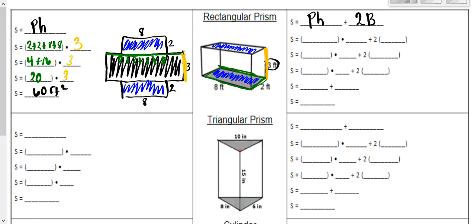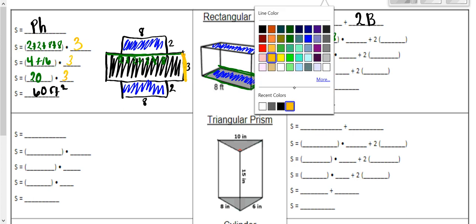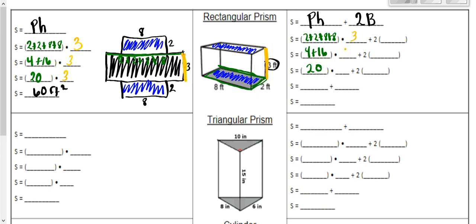We know that we did 2 plus 2 plus 8 plus 8. We know that we got 4 plus 16 when we did that. We know that gave us 20 for our perimeter. And we know that our height was 3.